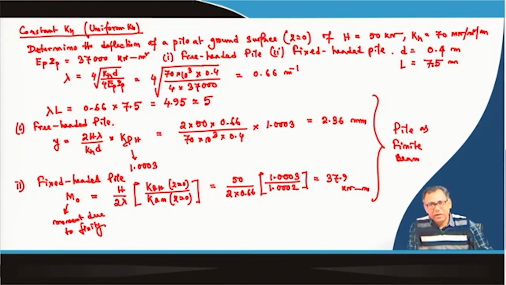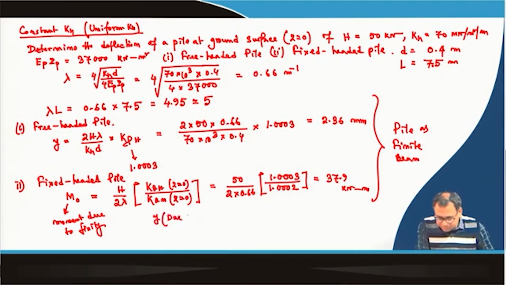So, that means this is the deformation reduction due to the moment generated due to the fixity of the pile head. So, first you will calculate the deformation due to m0.